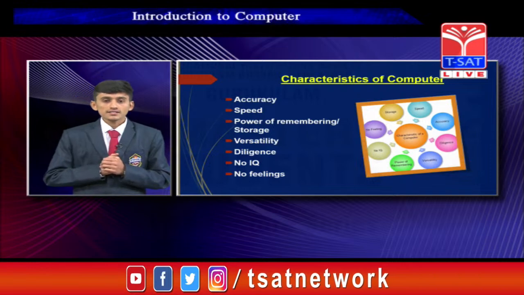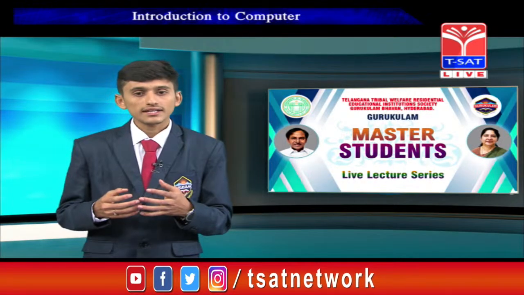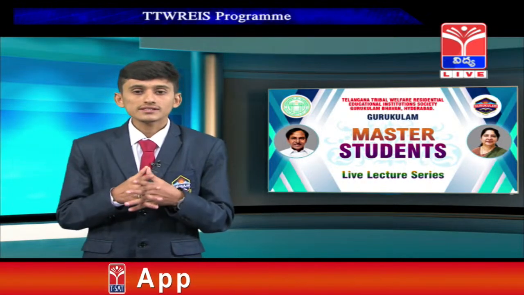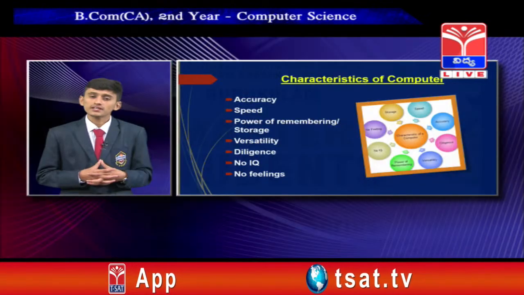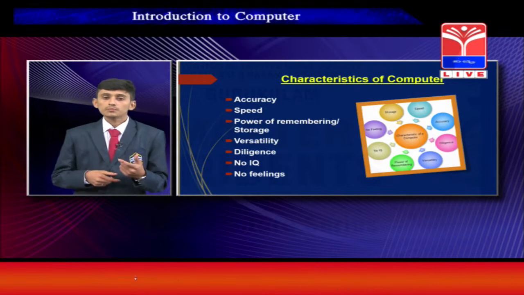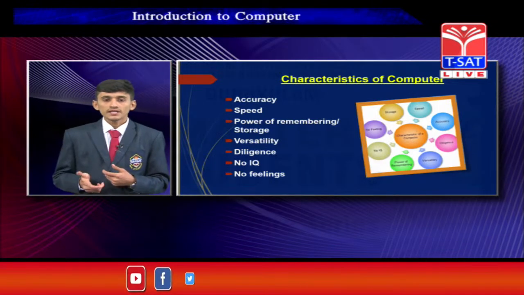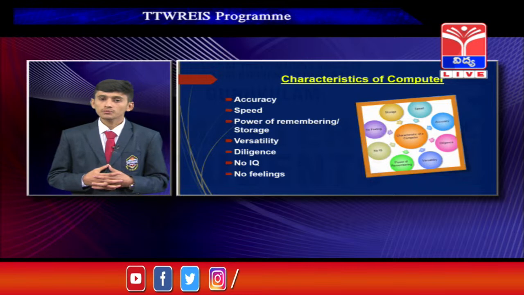My dear friends, I will explain one by one in a sequential manner, so you have to listen carefully. First, accuracy. Accuracy means the computer can produce accurate values. I am going to compare humans with the computer.